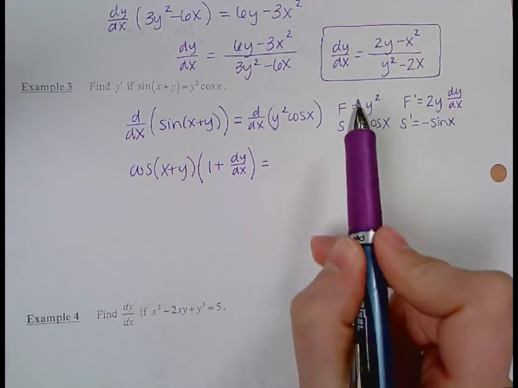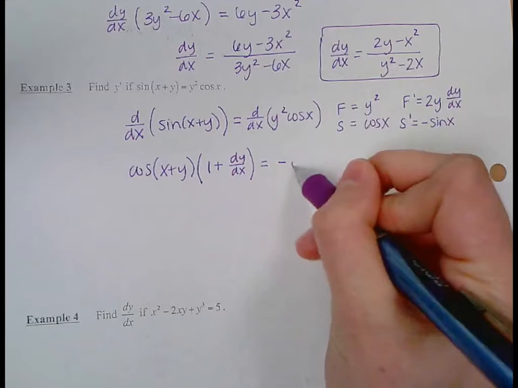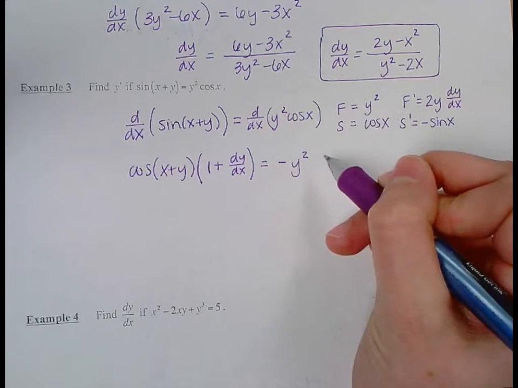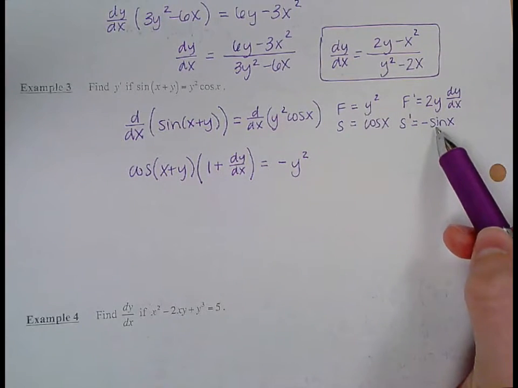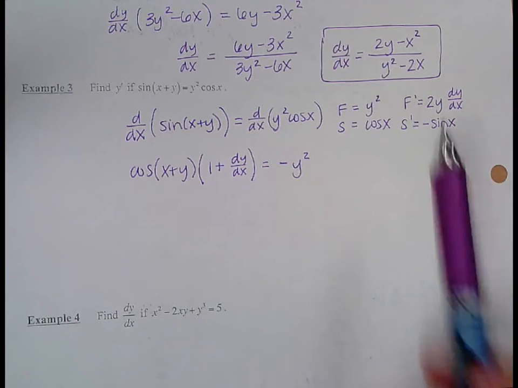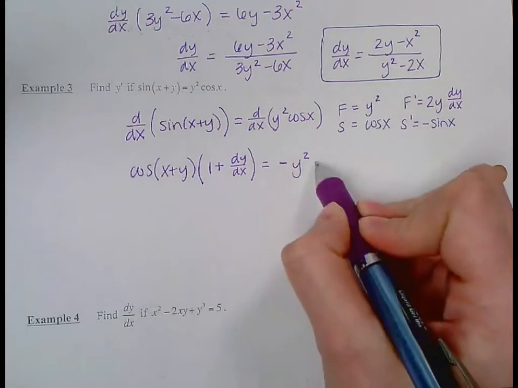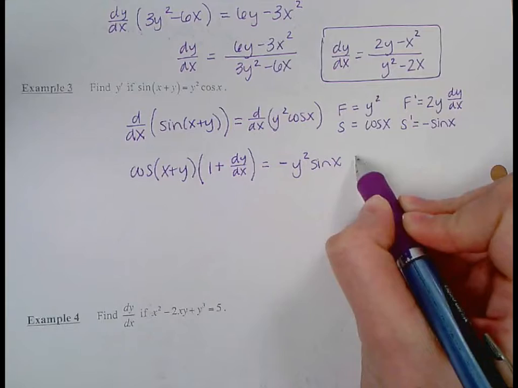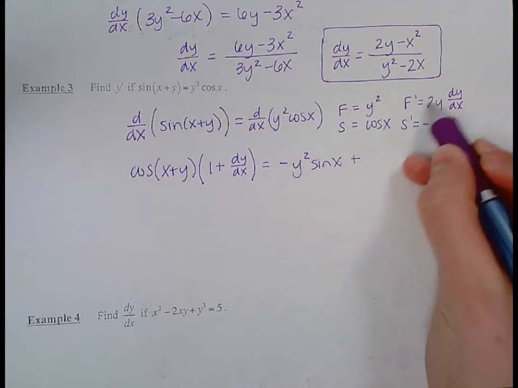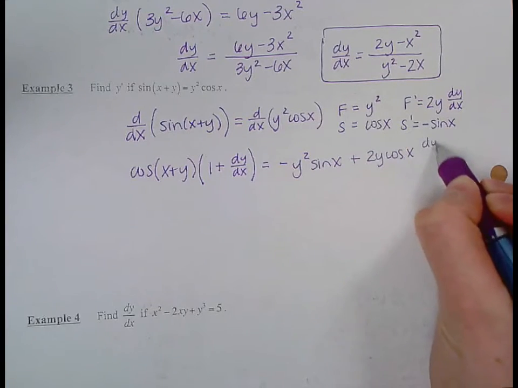So then, product rule, it's only when you take the derivative of something with y that you get dy dx. So cosine of x is in terms of x. Does that help? Okay. So I would have negative y squared sine of x plus, I'm going to write this product as 2y cosine of x dy dx.